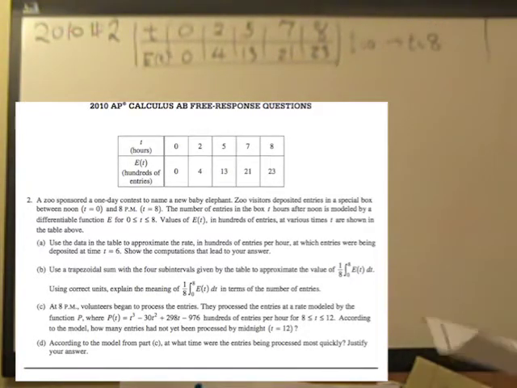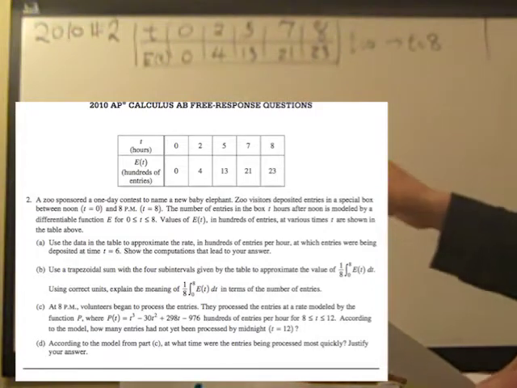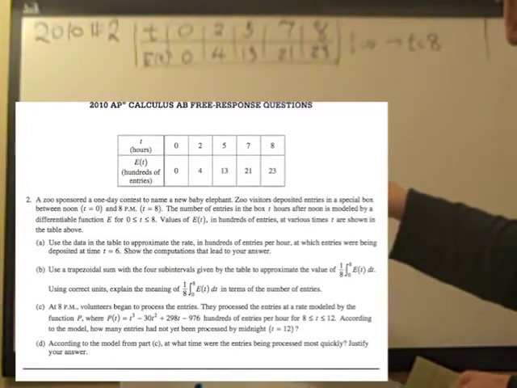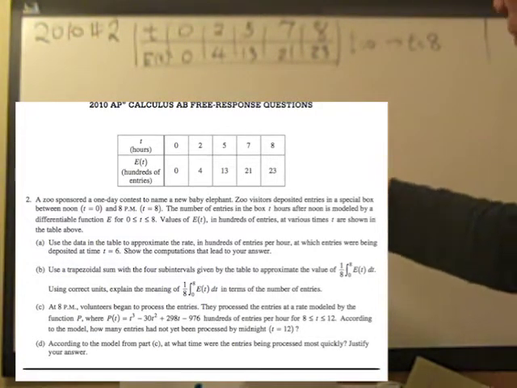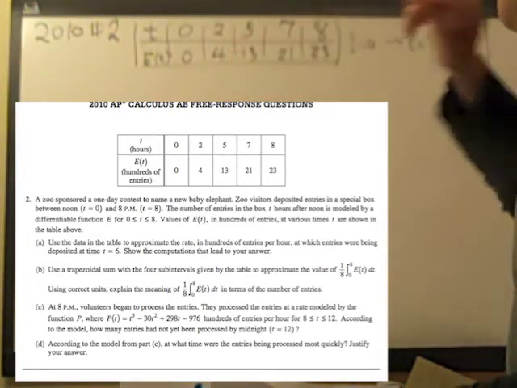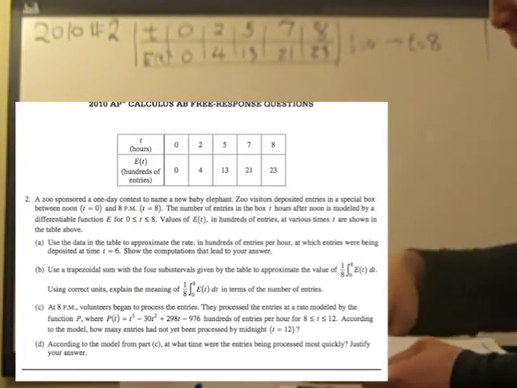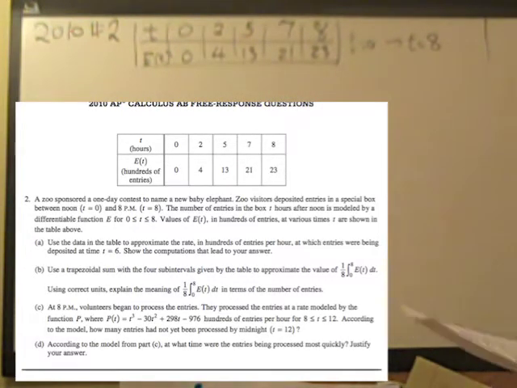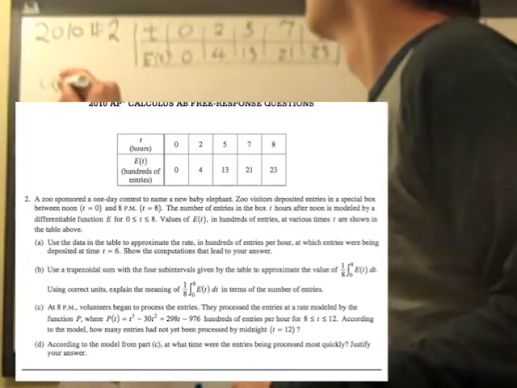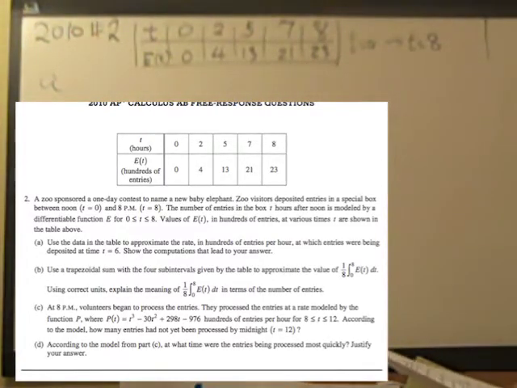Now the value of E of t is given in hundreds of entries at various times shown in here. So t equal to 2, we have 400 entries and so on. So that's an example.